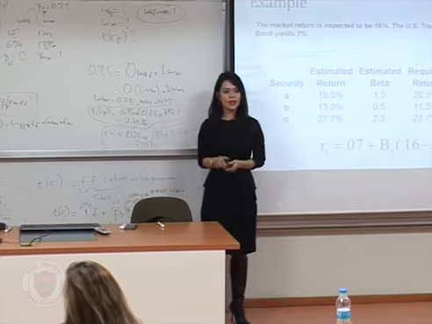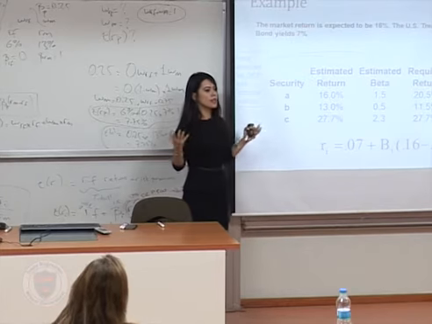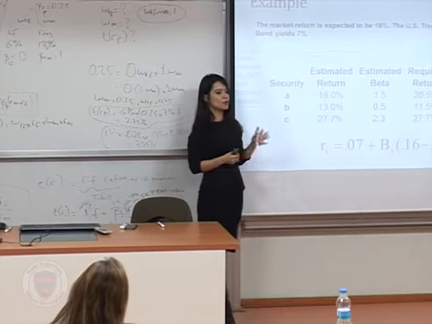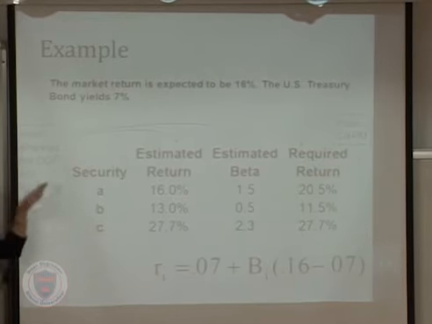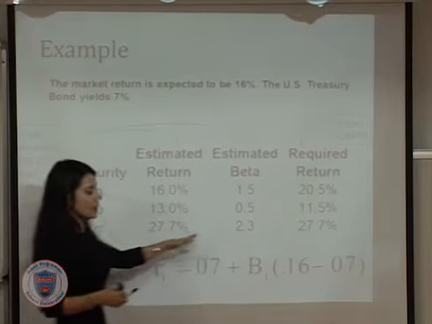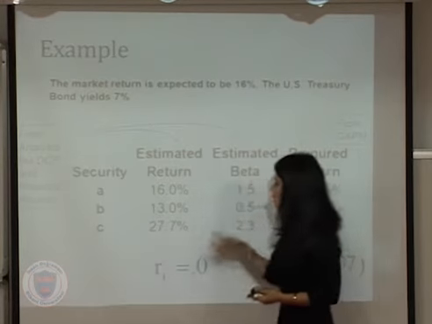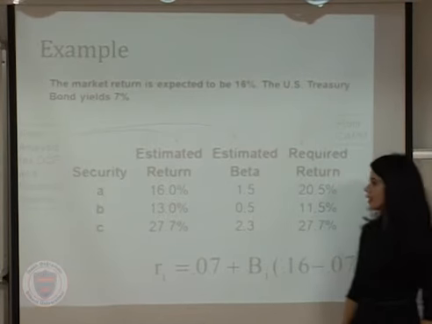So suppose that I have 3 stocks, A, B, and C. And using some techniques, you're estimating returns for those stocks. Maybe you use historical returns, maybe discounted cash flow analysis, and you estimated some returns. And you know the betas of the stocks, okay? You calculated them yourself, or you found it on Yahoo Finance, Google Finance, whatever.